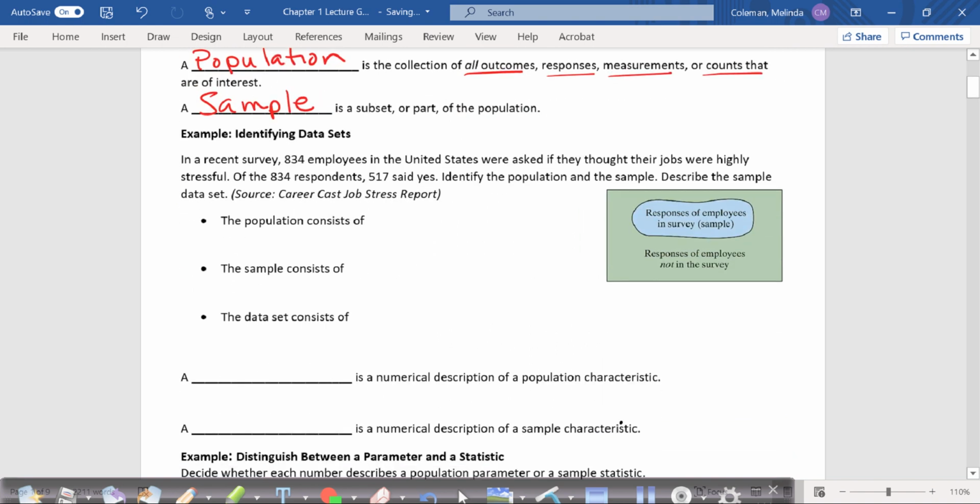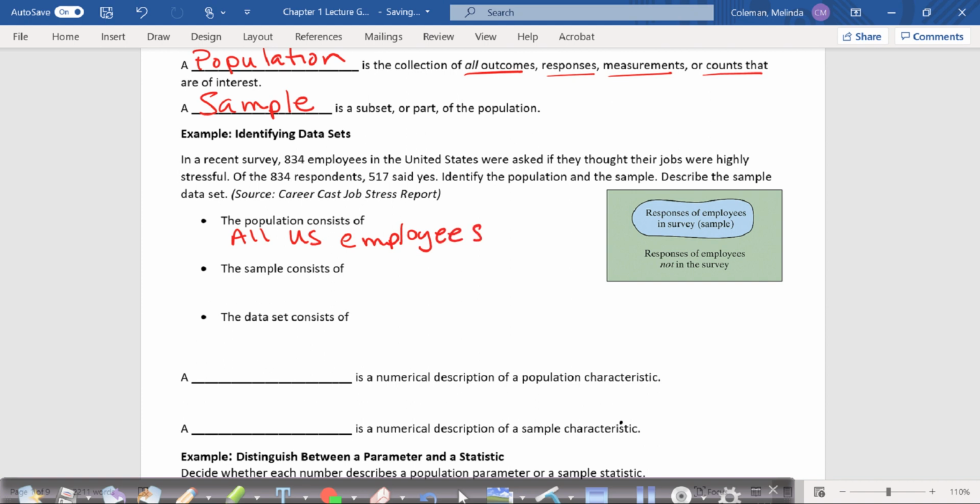In this example, it says in a recent study, 834 employees in the U.S. were asked if they thought their jobs were highly stressful. Of the 834 that responded, 517 said yes. So to identify the population and the sample and describe this data set: the population consists of all U.S. employees.